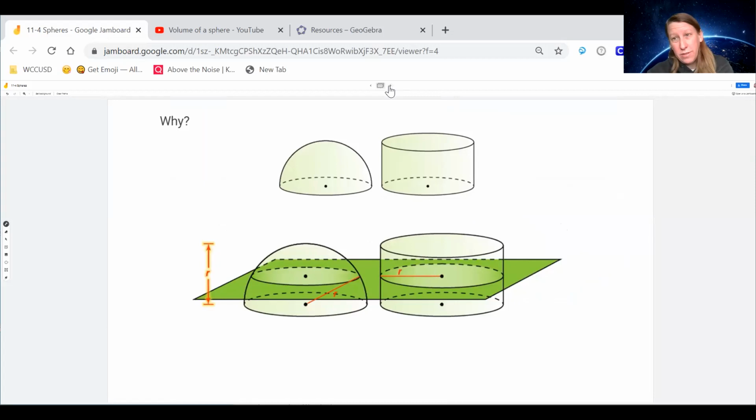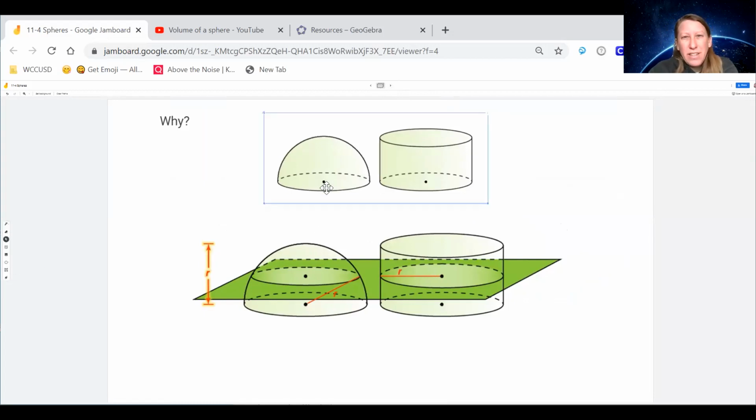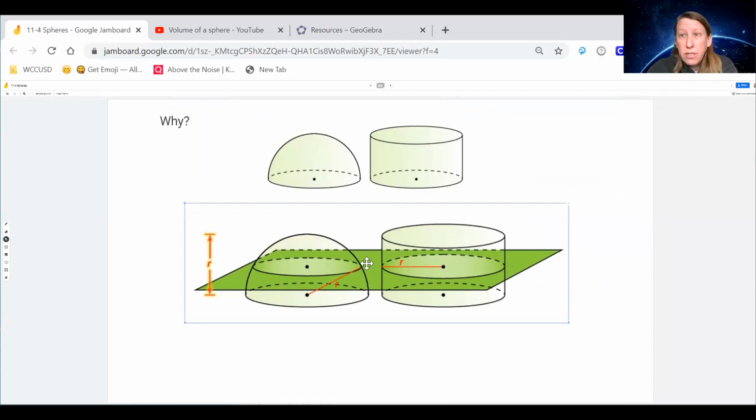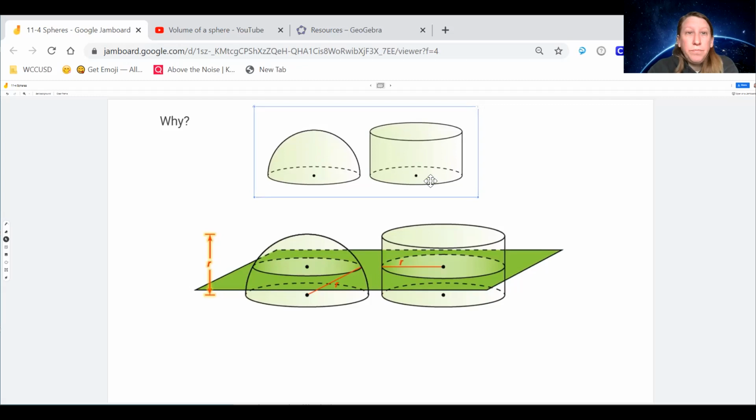Another way to show why this is true is to use Cavalieri's principle. This is a little bit more advanced and complicated to think through, but it's a more mathematical and algebraic proof. The way that this one works is, and this is really what we should be doing in a geometry class, is understanding the derivation, where the formula came from, mathematically speaking.